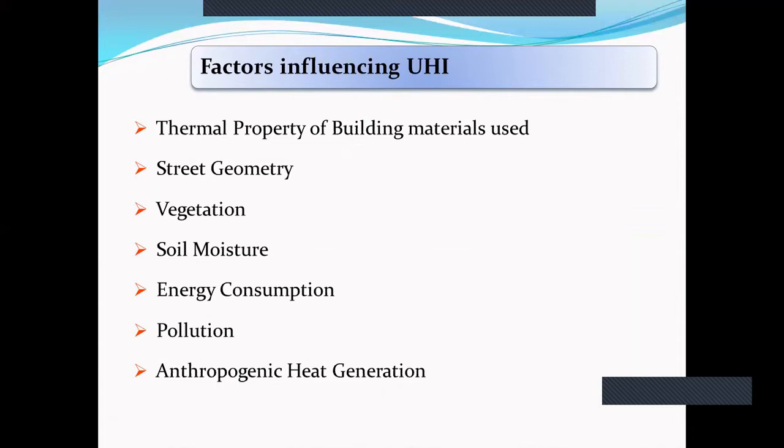Second, street geometry. An additional factor that influences urban heat island development, particularly at night, is urban geometry, which refers to the dimensions and spacing of buildings within a city. Urban geometry influences wind flow, energy absorption, and a given surface's ability to emit long-wave radiation back to space.